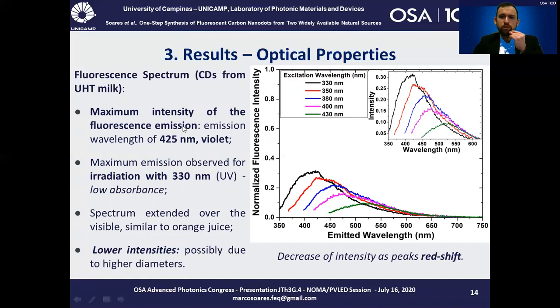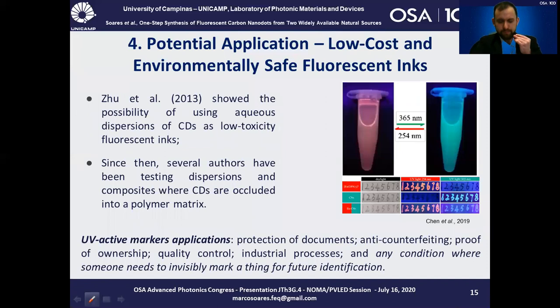The maximum emission occurs at a very similar 425 nanometers, violet, but under a slightly lower irradiation, that is 330 nanometers. And again, the spectrum extends over the visible with redshift. Intensity decreases with redshift. The lower intensity is possibly due to the larger diameters of the particles, but there may also be an effect of the lower carboxylic content.